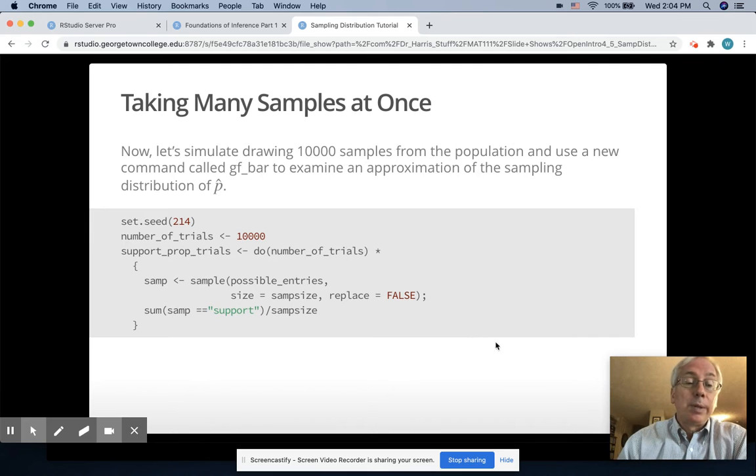So we're using sample size equal to 100 still. And what this code does is it computes each of those 10,000 sample proportions. So it's basically constructing a list of 10,000 sample proportions. And then on the next slide, the command gf_bar is going to create a bar graph out of that. And it'll resemble a density plot, the things that we've seen earlier in the course.